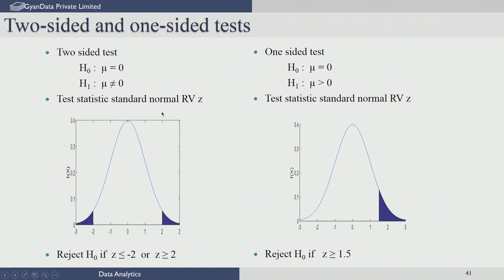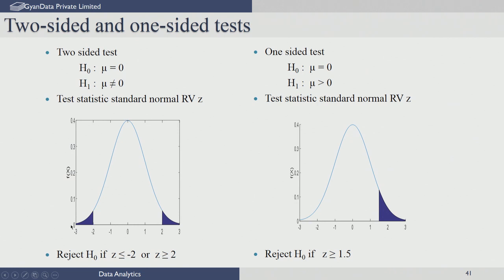So, for a two-sided test, we will say if the test statistic happens to be very large, we will reject it, or if it is very small, we will reject it. Why? Because if it is very large, it means it does not come from a distribution with mean 0. So, in this particular case, what we mean by very large, we can choose a threshold, let us say +2, and if the statistic is greater than 2, we reject the null hypothesis, or if it is small, what do we mean by small?